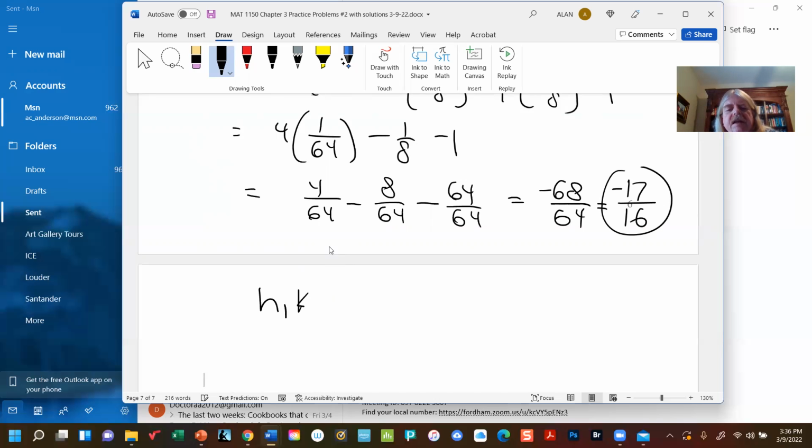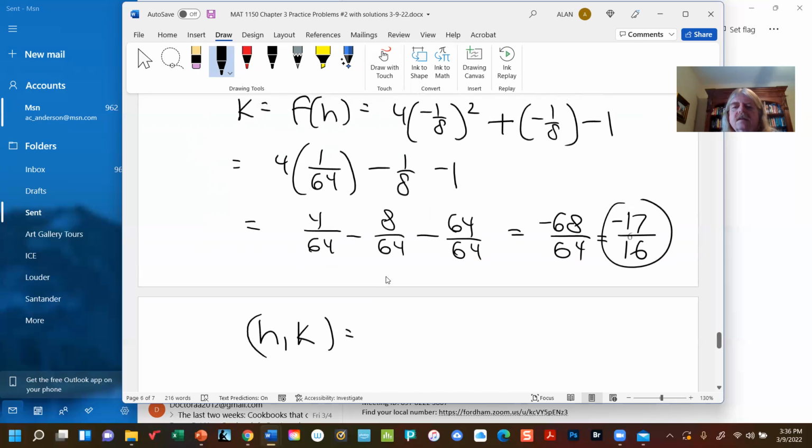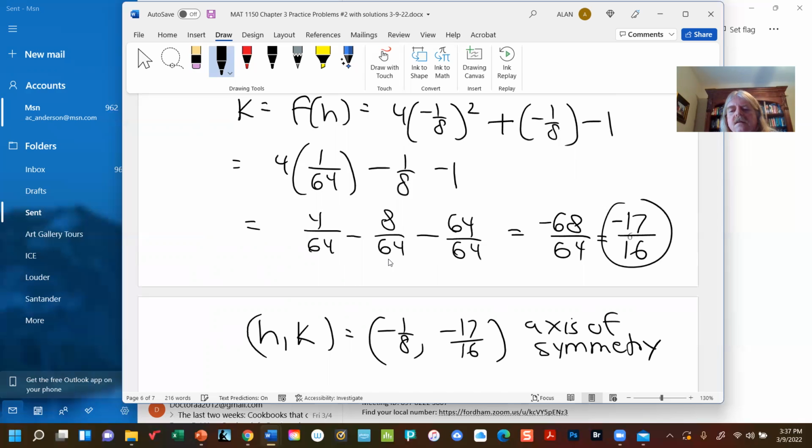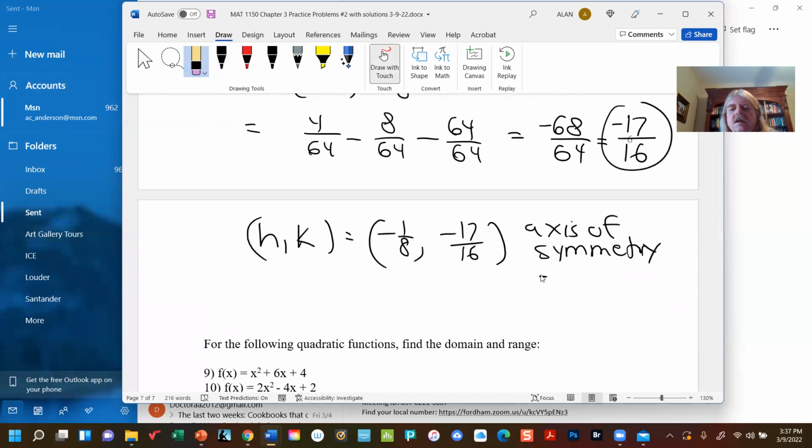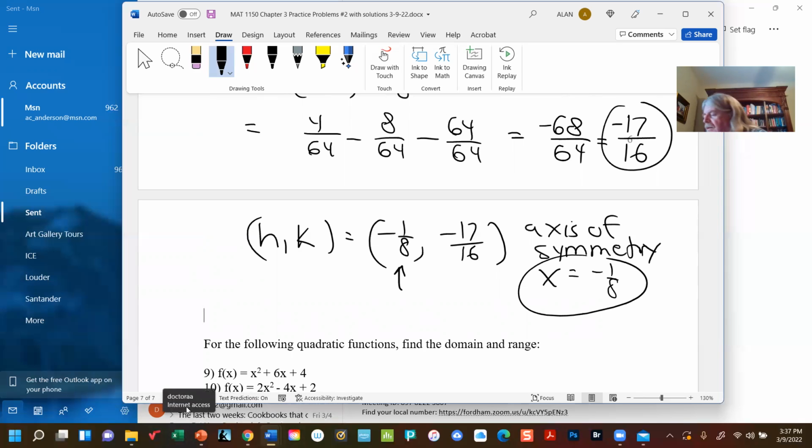Okay, so in other words, h comma k is -1/8 comma -17/16, which implies that the axis of symmetry is therefore x equals -1/8.